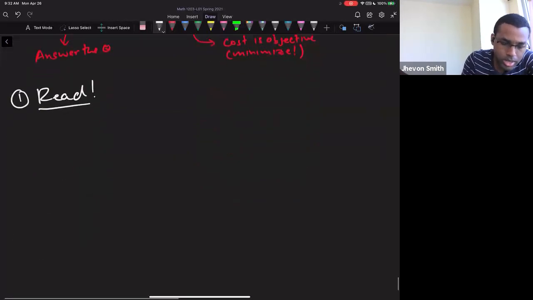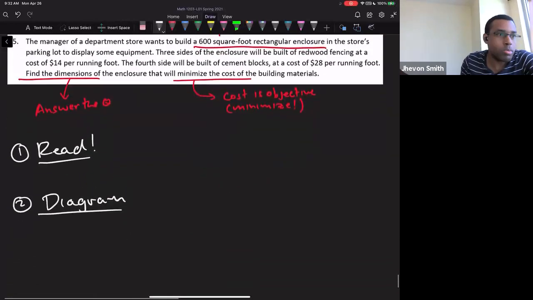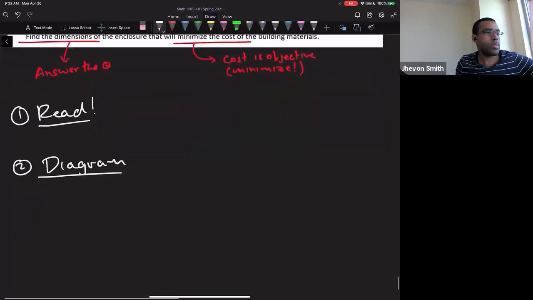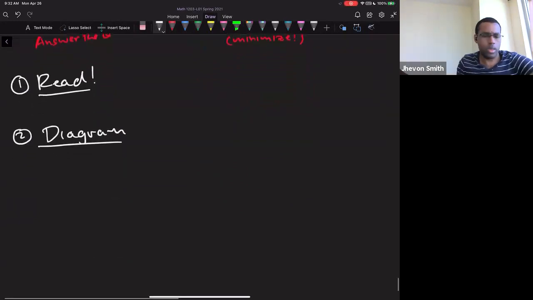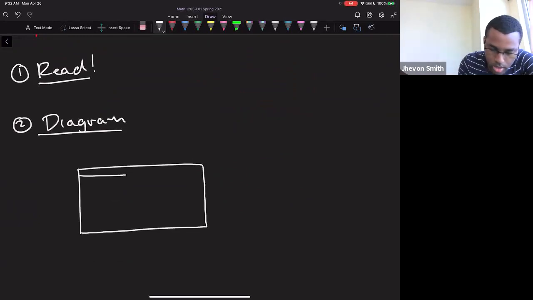Let's make sure that's roughly the same size. 2, diagram. So here's where you really want to make sure that you're capturing the essence of the problem. There is a rectangular enclosure, but one of these sides is not like the others.